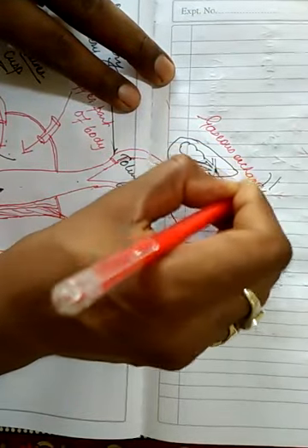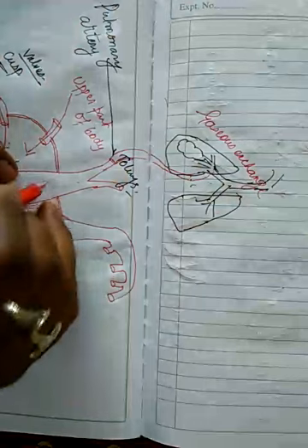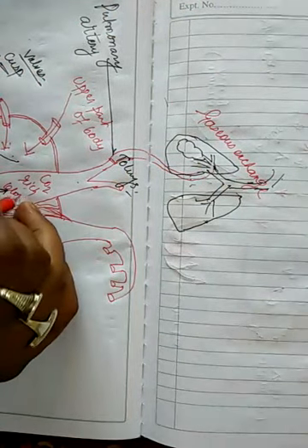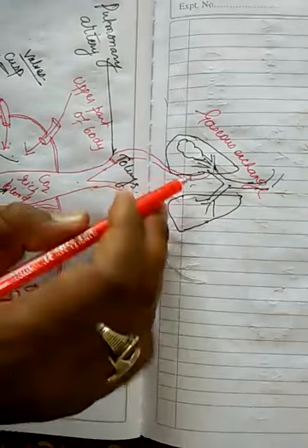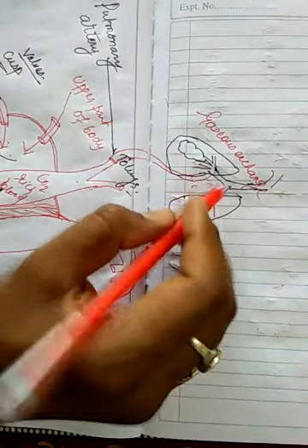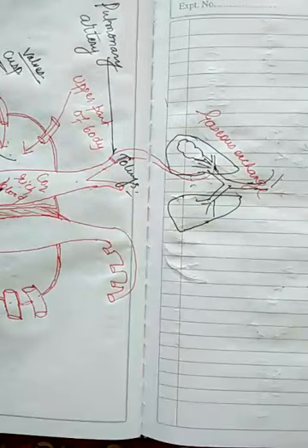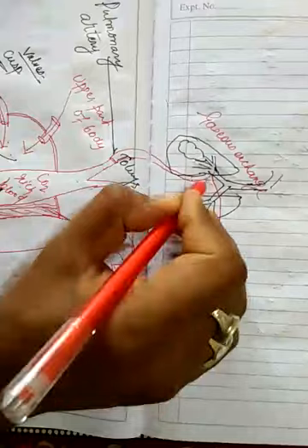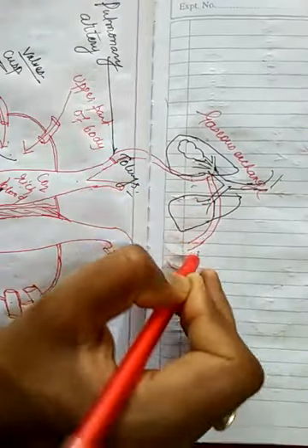Gaseous exchange होने के बाद, whatever it carries, ये कार्बन डाइऑक्साइड रिच ब्लड को लेकर कहाँ जा रहे हैं? हार्ट तक. गैसेस एक्सचेंज होने के बाद यहाँ से this again will move, isn't it?